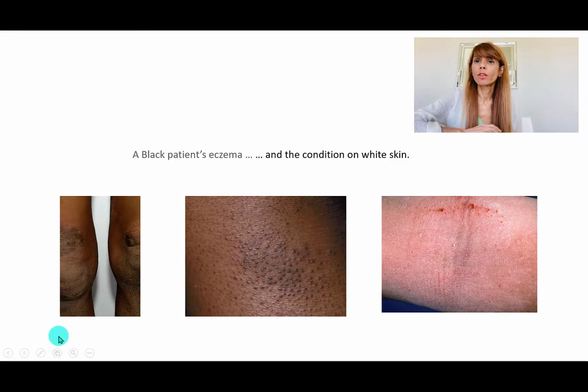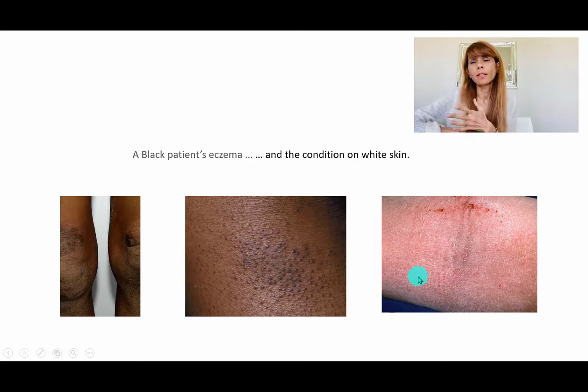In the patients on this slide, there is darker skin color and the patient has eczema on the extensor surfaces. On the very left side, you can see an image showing knees, where the extensor surfaces have eczematous lesions, and then there is another picture with eczema lesions which are not really that obvious.